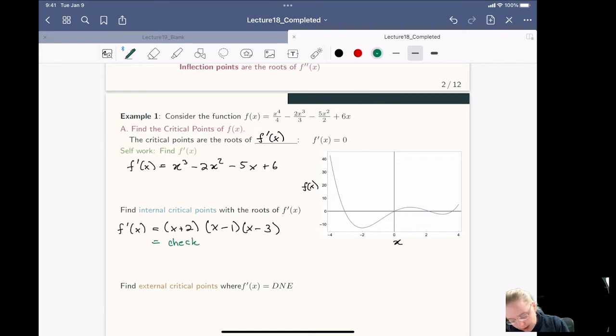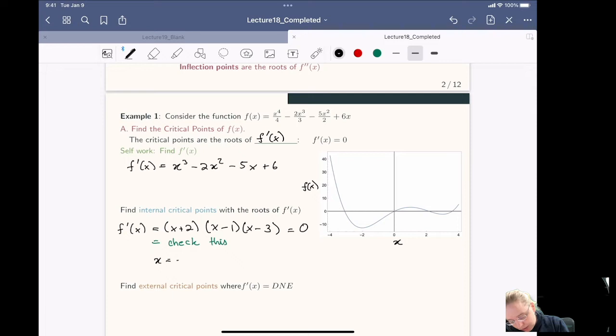Multiply these all together to show that you get back to this polynomial here. Given that that is the way to factor this equation, we can then identify the roots. We're setting this equal to 0, and we're saying, how does this function equal 0? Either this term is equal to 0, this term is equal to 0, or this term is equal to 0. So we have three roots here.